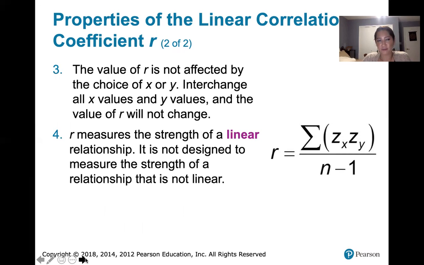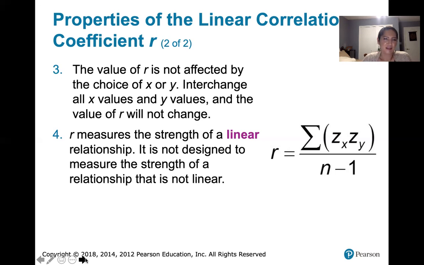Fourth, it's important to remember that R measures the strength of a linear relationship. It's not designed to measure the strength of a relationship that's nonlinear, like a parabolic relationship, or a relationship where one variable is exponentially related to the other.